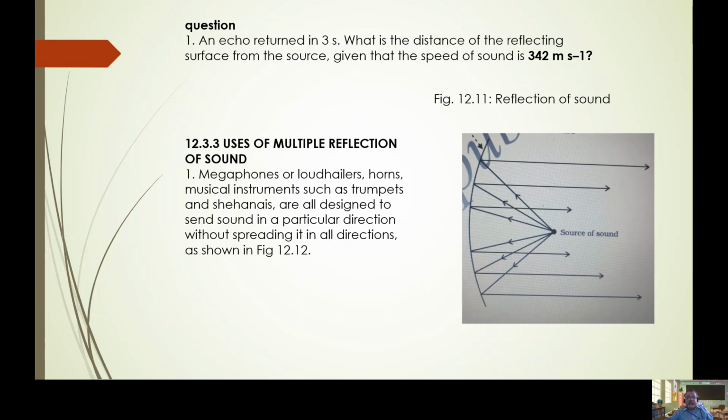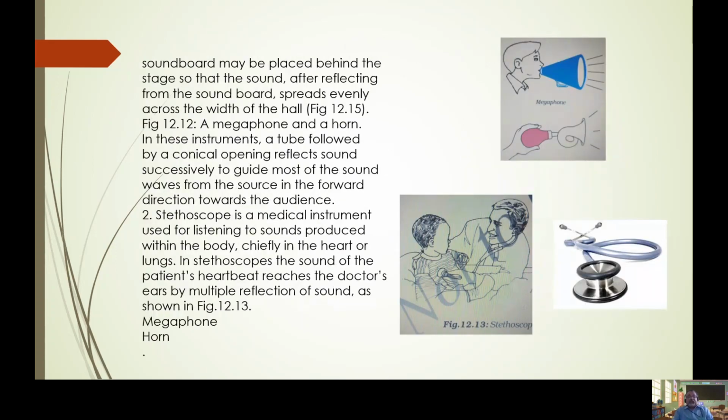Using multiple reflection of sound, megaphones or loud hailers, horns, and musical instruments such as trumpets and shehnais are all designed to send sound in a particular direction without spreading it in all directions. A soundboard may be placed behind the stage so that the sound, after reflecting from the soundboard, spreads evenly across the hall.